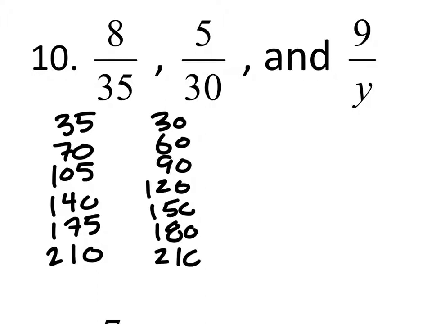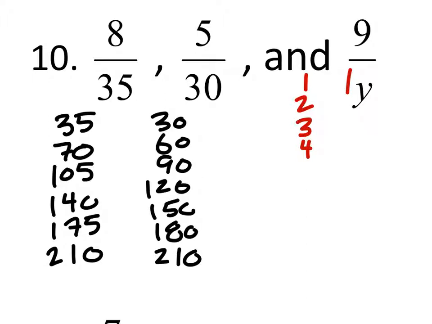The problem is that we've got that y right there, okay? Now, we should consider the coefficient of the y, which is 1. It's just a phantom 1 that we don't see. It would be really rough if we listed all the multiples of 1, so I'm not going to do that because 1 goes into any number.